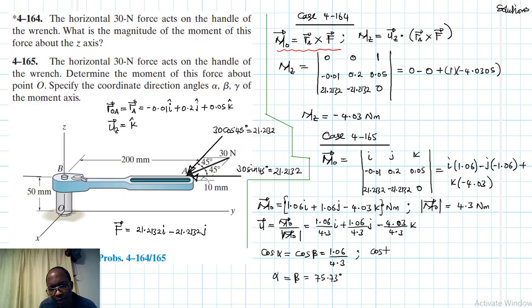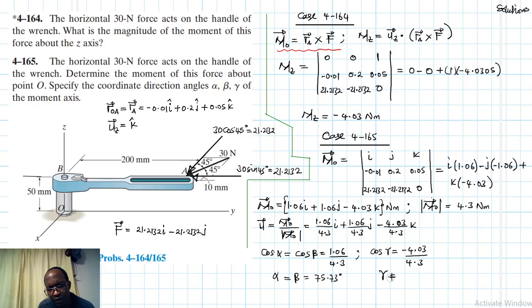Then cos gamma. So beta is the angle between the positive y-axis and the moment vector. Alpha is the angle between the positive x-axis and the moment vector. Gamma is the angle between the moment vector and the positive z-axis. This is equal to minus 4.03 divided by 4.3.